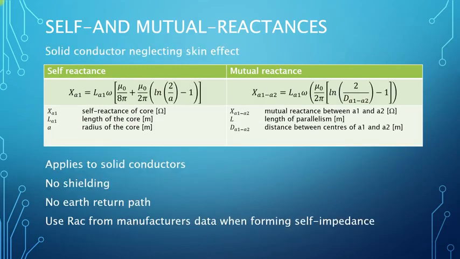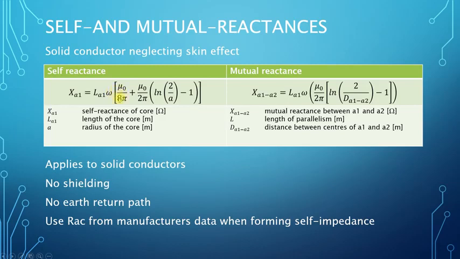An alternative formulation would be to consider the conductors as being solid conductors, and then if we neglect skin effect, the following equations can be derived. Here we have the expression for the self-reactance.